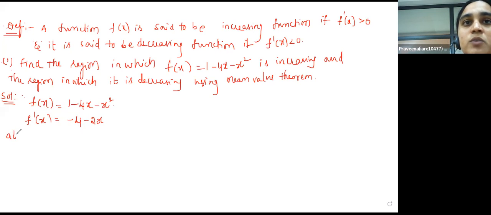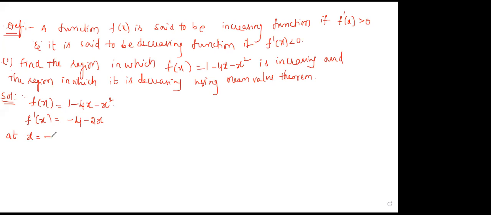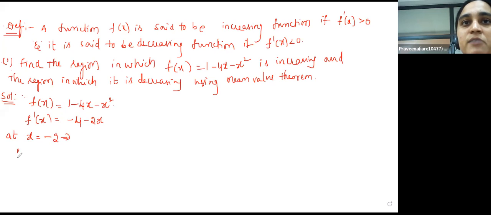At x is equal to minus 2. That is f dash of minus 2 is equal to minus 4 minus 2 into minus 2, that is minus 4 plus 4 is equal to 0. Therefore, f dash of x is 0 at x is equal to minus 2.